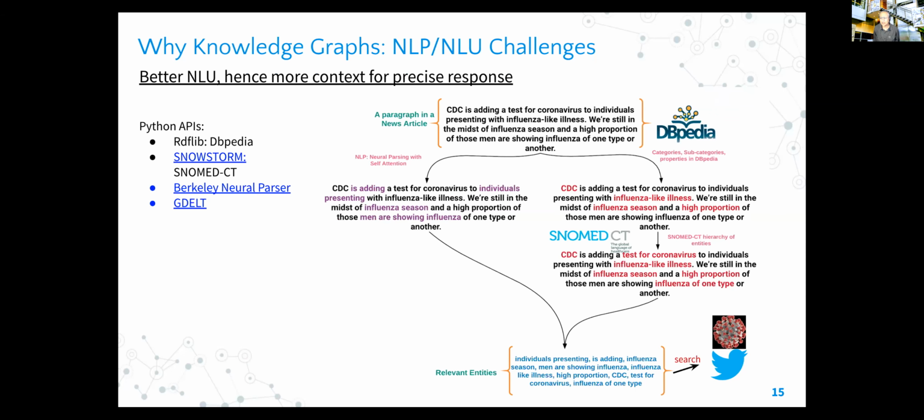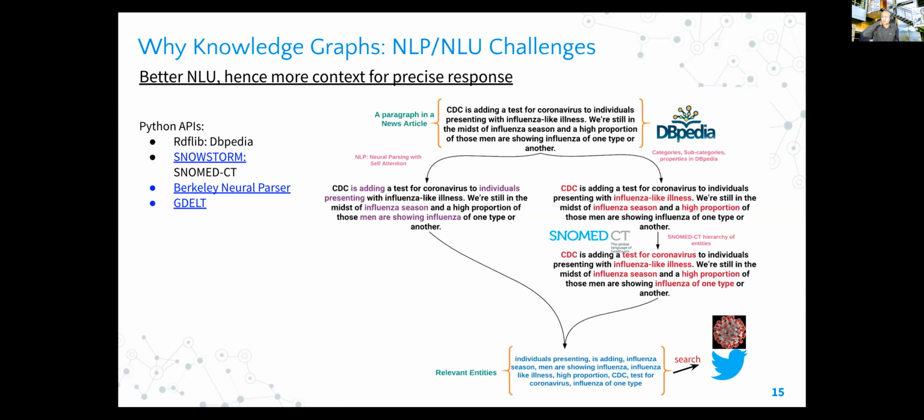In the NLP NLU, for example, I'm showing you a paragraph in a news article, and as you think about trying to understand this paragraph, you're going to find that a bunch of knowledge from diverse sources will become important.